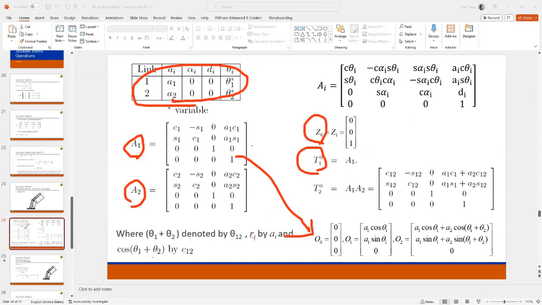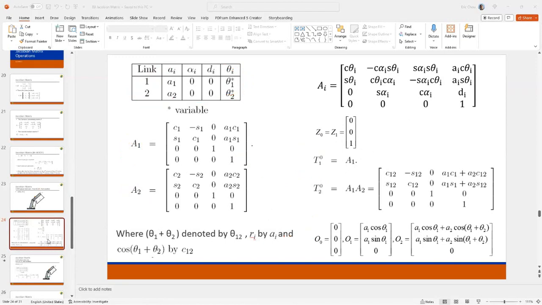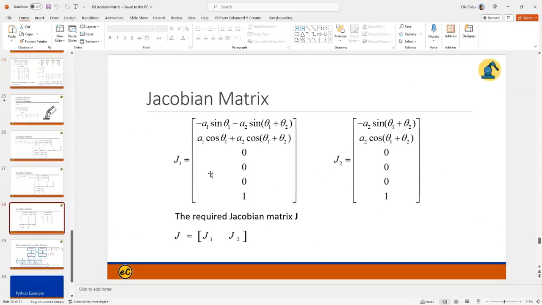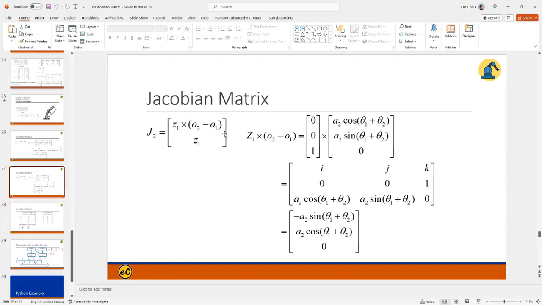Those O vectors and Z vectors in combination should be able to solve and get your Jacobian matrix. So here we set up how to calculate the Jacobian matrix using those O vectors and Z vectors.